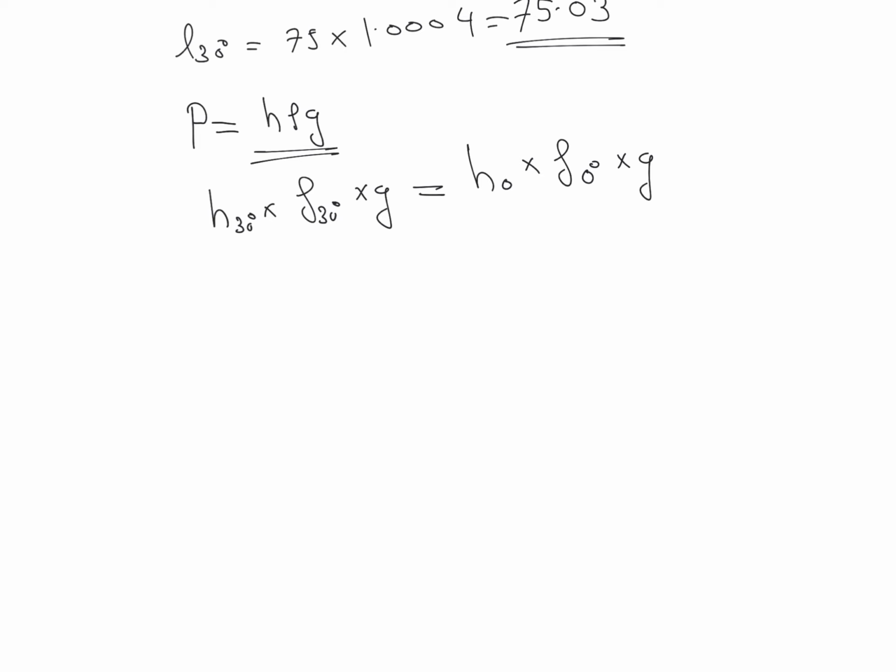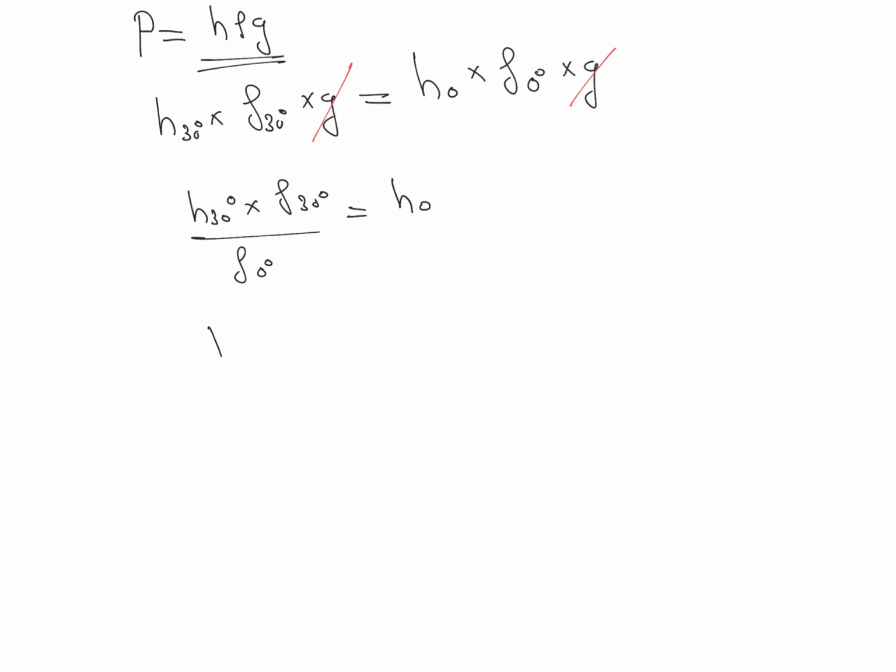Now our aim is to find the height of the mercury column at 0 degrees Celsius. We can cancel this g. So height at 30 degrees Celsius into density at 30 degrees Celsius divided by density at 0 degrees Celsius gives the height.